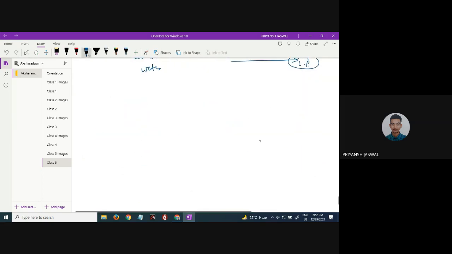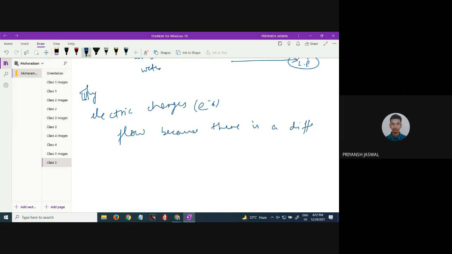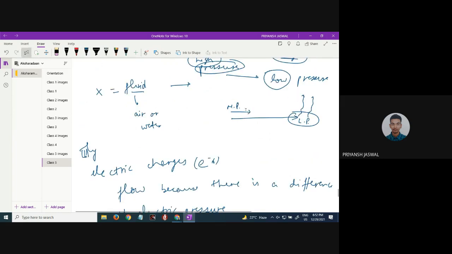Similarly, we can say that electric charges, that is electrons, they flow because there is a difference in some potential, or you can say there is a difference of electric pressure. Like water flows due to the mechanical pressure because there is a difference in mechanical pressure.